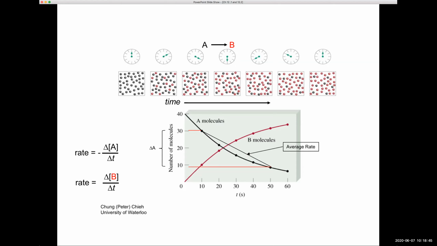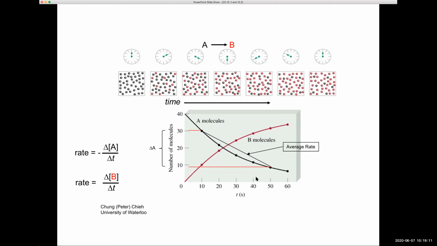So our rate is equal to minus 21 over 40. So that's equal to about plus 0.5 molecules per second.